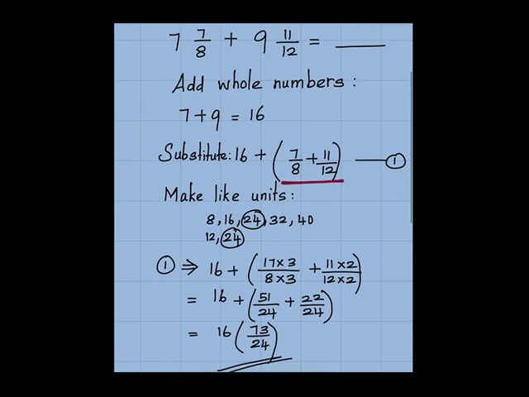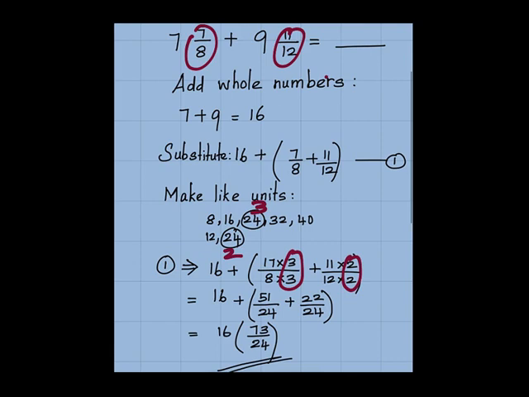Before adding these two fractions, we need to make sure they have like denominators. So for that, we have to find the common multiple. When we found the common multiple, it is 24, and this 24 is in the third position, and this 24 is in the second position. So let us multiply the first fraction with 3, and then let's do the second fraction with 2.